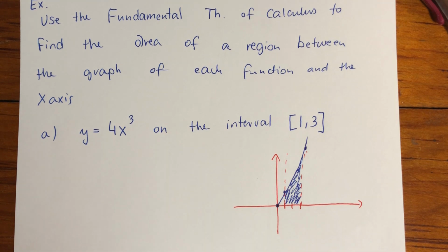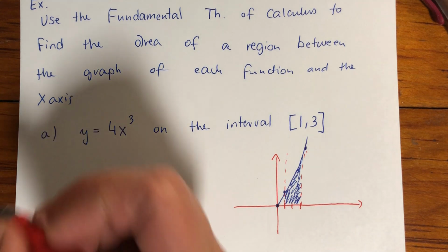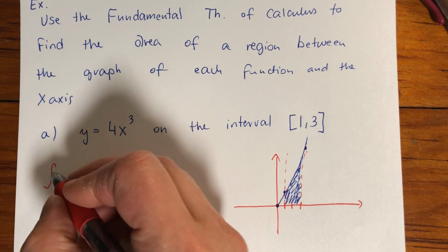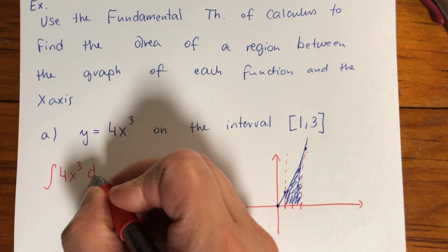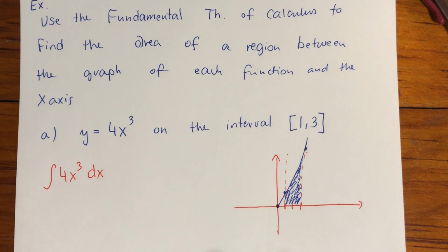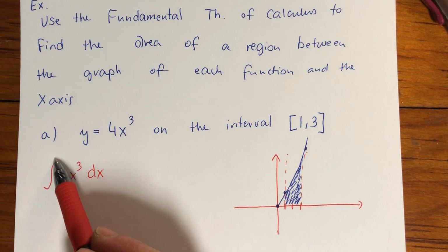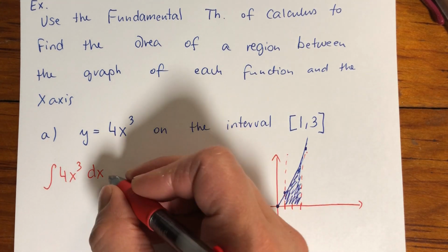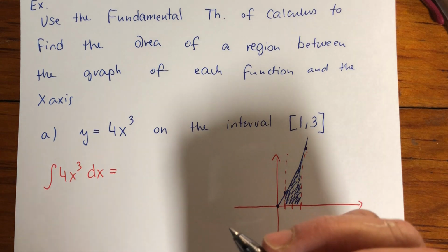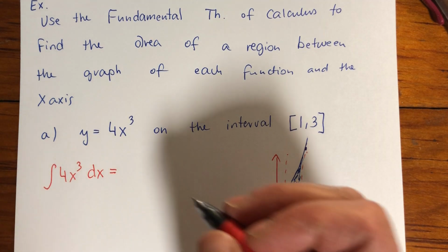All right, so the very first thing that we need to do is find the antiderivative of 4x to the power of 3. Again, notation dx, we need to make sure we write that down. Notice I did not write the intervals yet. We will do this in just 1 second. So now, what is the antiderivative of 4x to the power of 3?